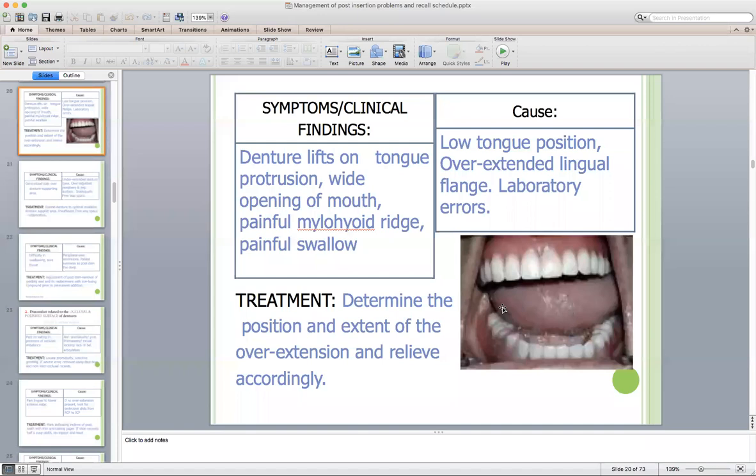Similarly, on side to side movement, if the denture is getting lifted up, which area needs to be relieved, which area needs to be corrected? That is the middle lingual sulcus. And if at all the patient is complaining of pain on swallowing or difficulty in swallowing, or there is a painful mylohyoid ridge, then the distolingual sulcus or distolingual flange needs to be corrected.